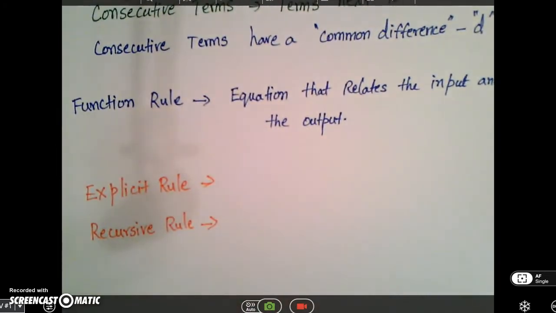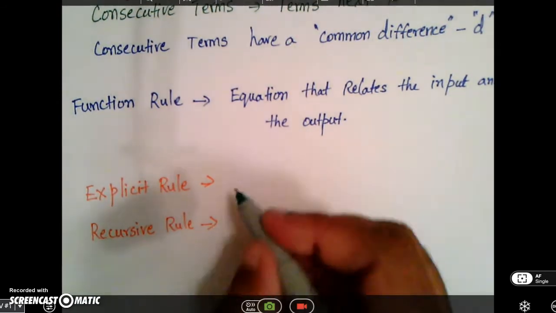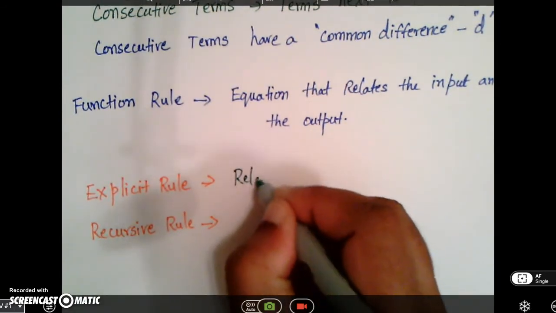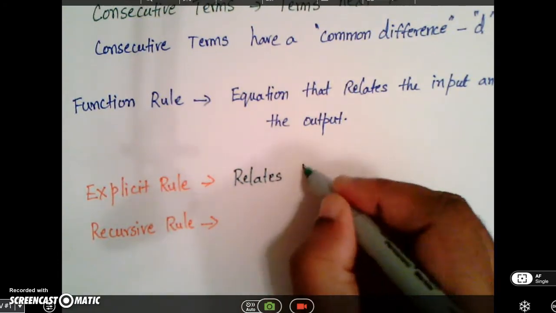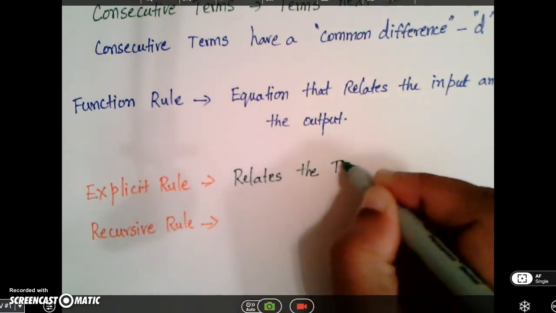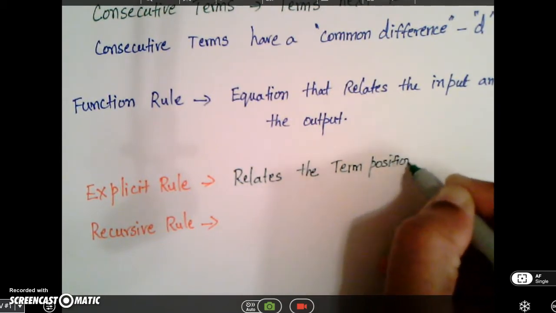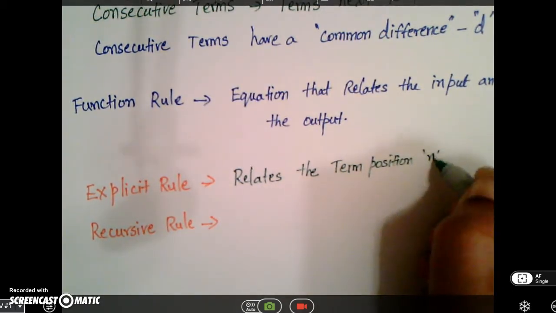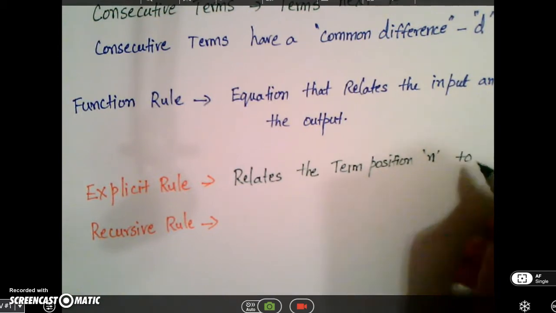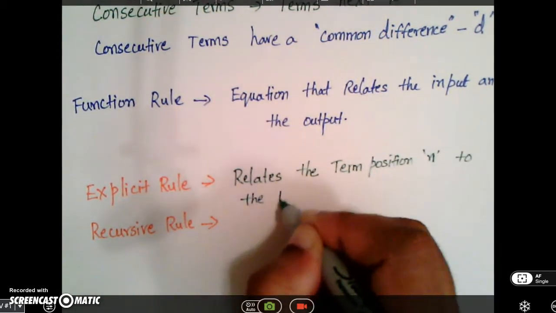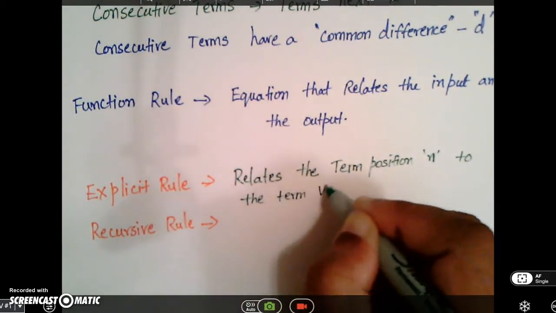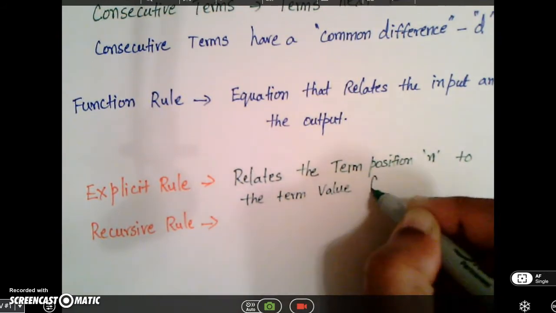An explicit rule is the one that relates the term position n to the term value f of n.